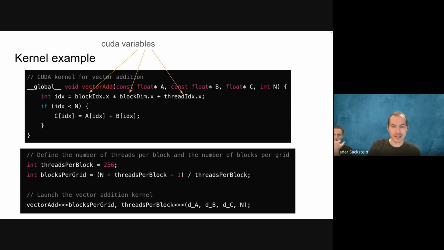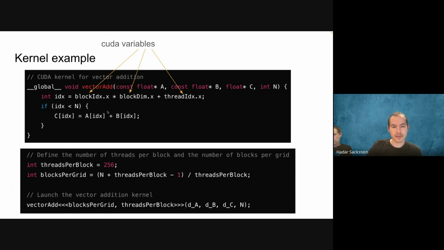And n is the length of the vectors that we're adding. What we can see is that inside the kernel code, instead of a loop that runs over all the elements of the vectors, as you would expect in CPU code, here it's just a single addition, and the index is computed from these special variables: the block index, the block dimension, and the thread index.